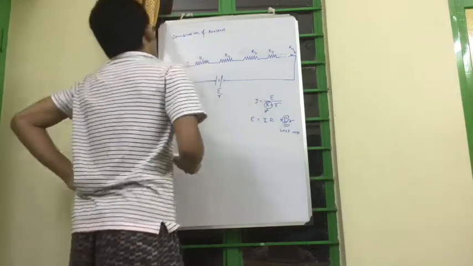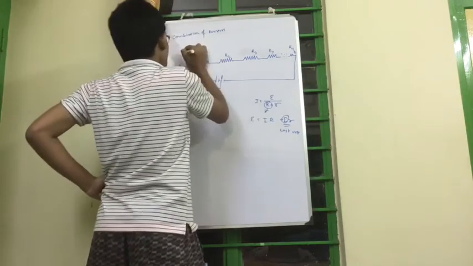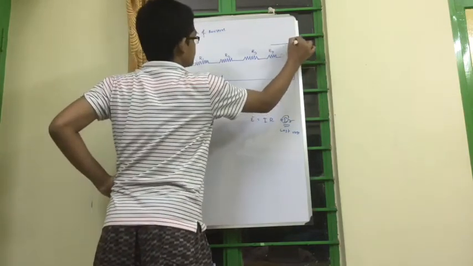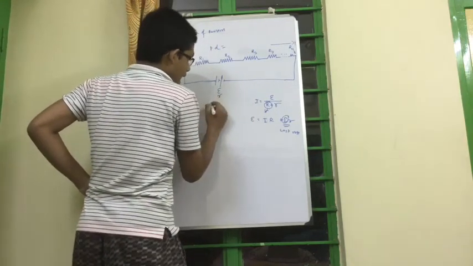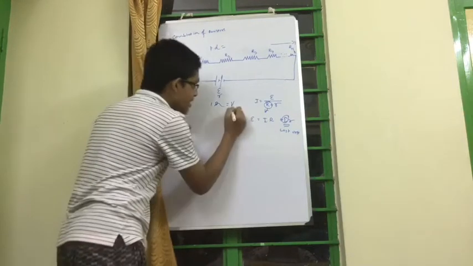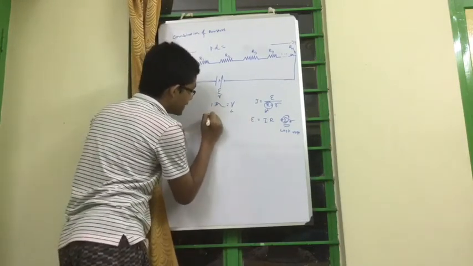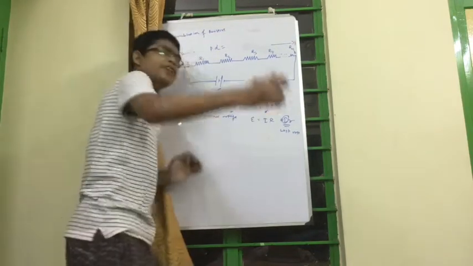So between the points A and B, the total potential difference is IR, and say IR is V. This V is known as the terminal voltage, capital V. Do you have any questions?